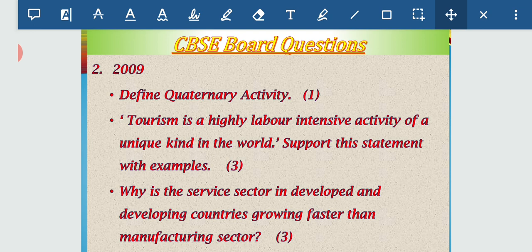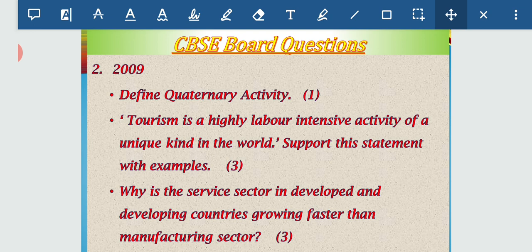Now, why is the service sector in developed and developing countries growing faster, compared to the manufacturing sector? Why is it growing faster in the developed and the developing countries than the manufacturing sector? Because the service sector is basically dealing with highly sophisticated technologies, and the manufacturing sector can be operated and controlled by very few people.